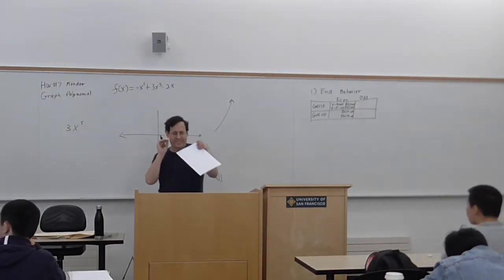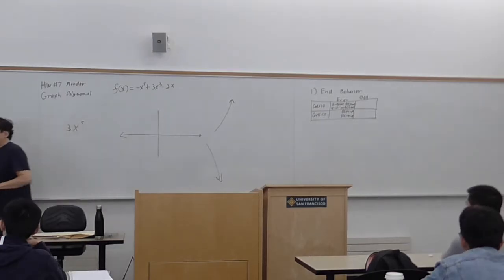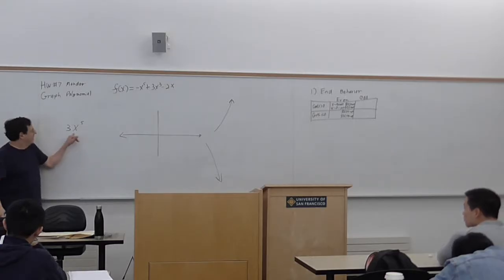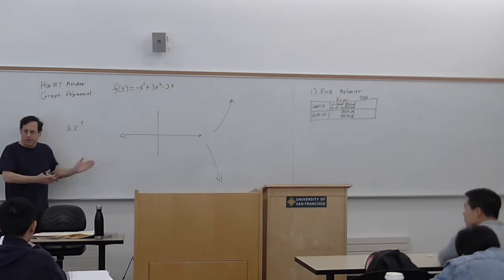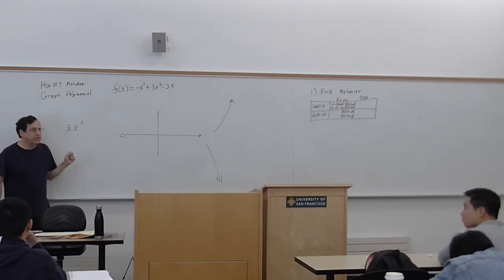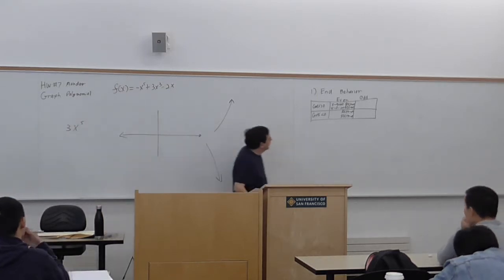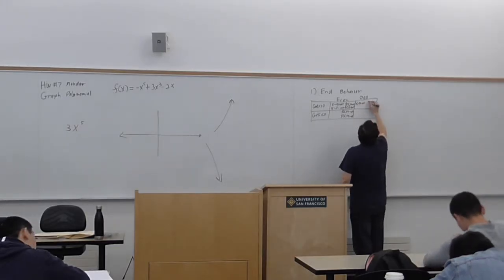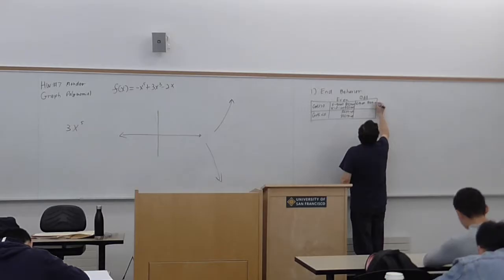It's very large. As x gets very large, 3x to the 5th is going to get very large, right? So in this case, as x gets very large, f of x becomes very large.